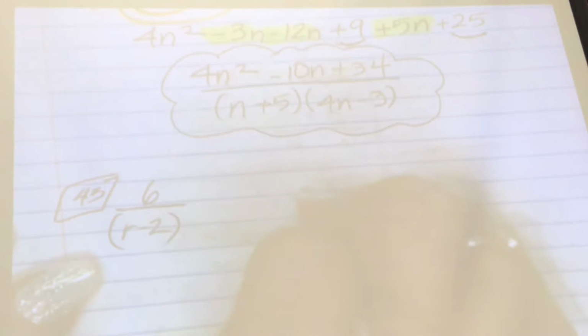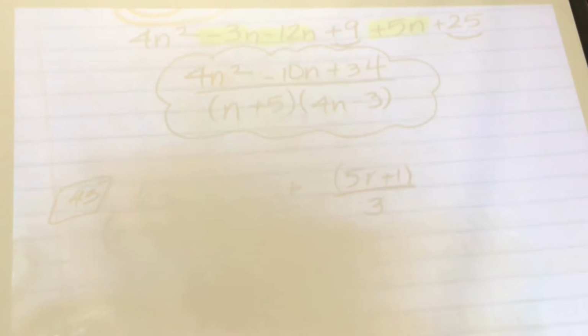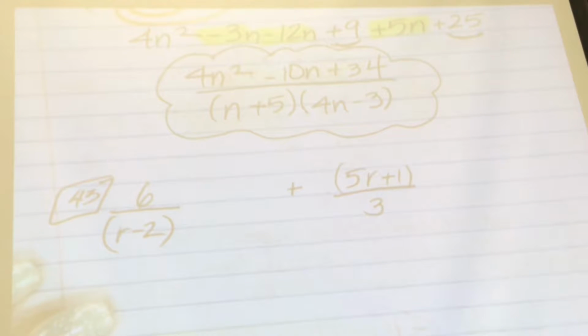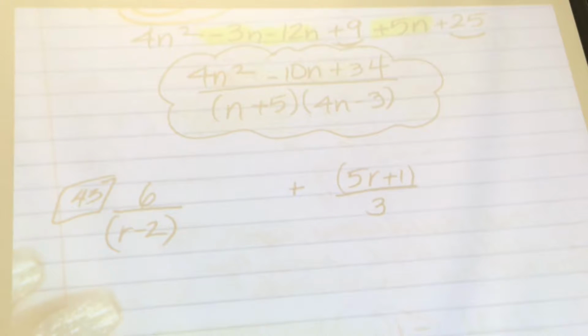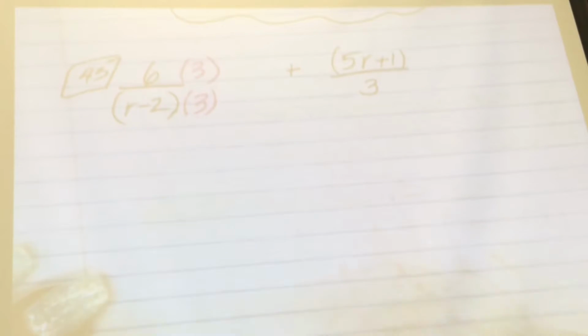Again, space it out, so I have 6 times r minus 2. I'm going to put parentheses, plus, I have a 5r plus 1 over 3. I notice that this guy has a 3, but this does not, so I need to give him a 3. Just give what the other guy does not have.